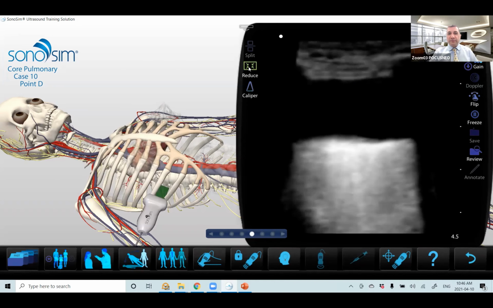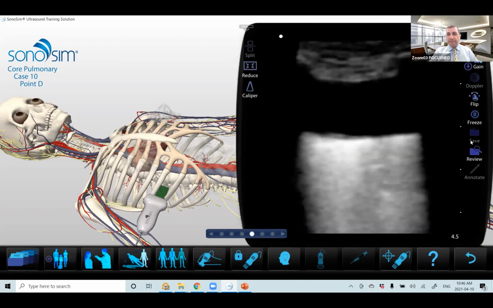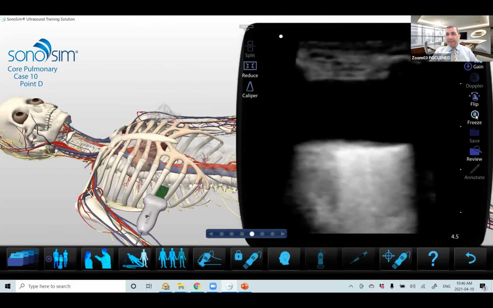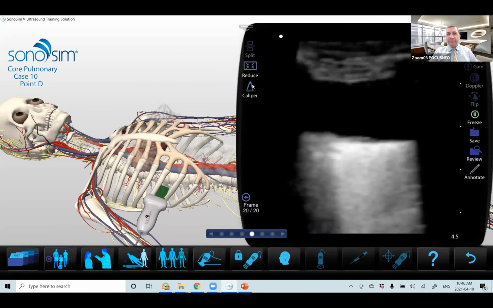Probably you need to freeze it. You may freeze it. Be sure that you adjust the gain and depth, and you may actually measure. Yeah, so you have almost 1.3 centimeters.